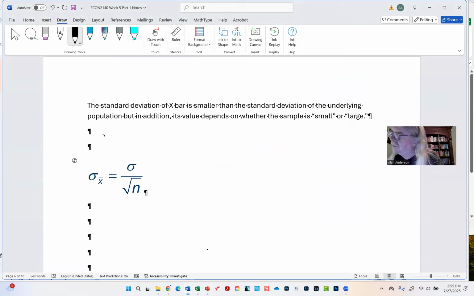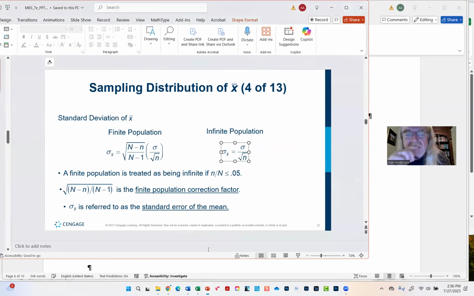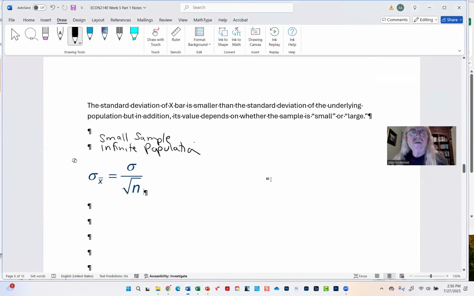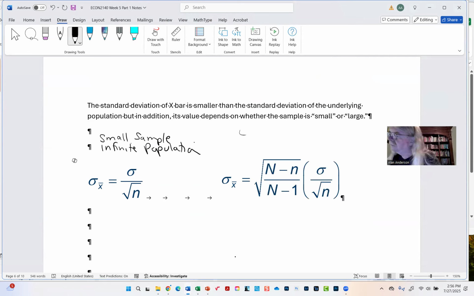So this is a small sample or infinite population. This one is very similar. There's one extra term there. The difference between the two is this term.